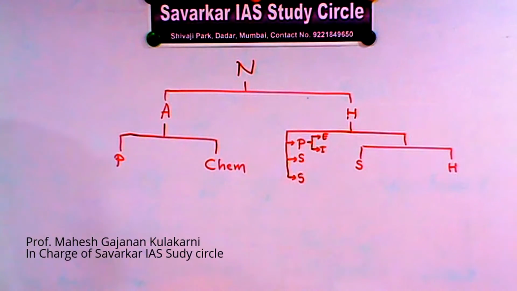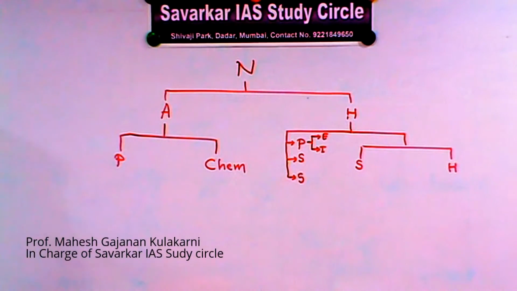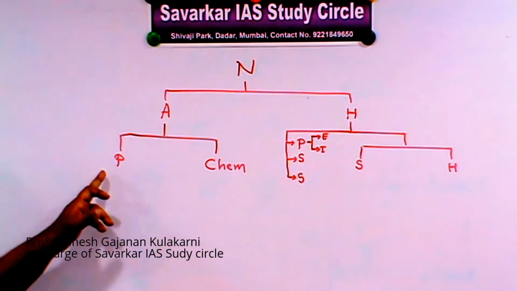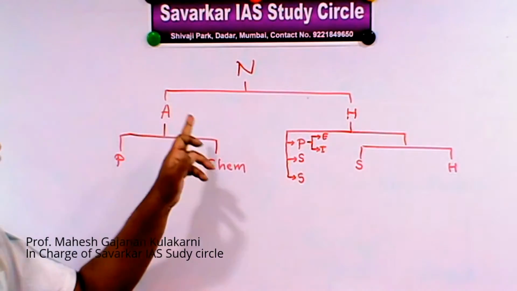In case of chemosynthetic, they carry out the same thing, but for that purpose the energy required is not obtained from sunlight. They obtain this energy from a chemical reaction, and whatever energy is liberated in that chemical reaction is utilized for conversion of carbon dioxide and water into glucose.